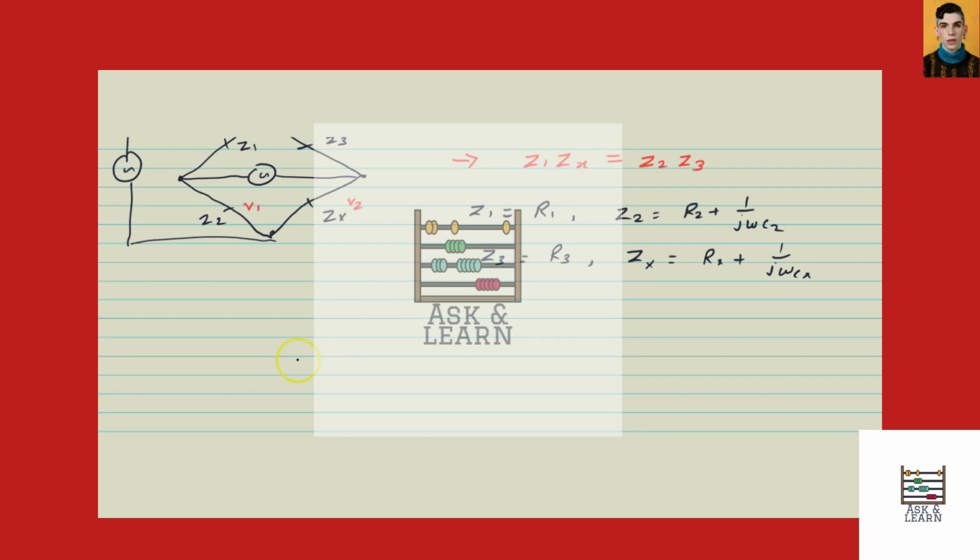So by putting these values in the equation, Z1 is R1 and Zx is Rx plus 1 upon j omega Cx, equals Z2, which is R2 plus 1 upon j omega C2, and Z3 equals R3.